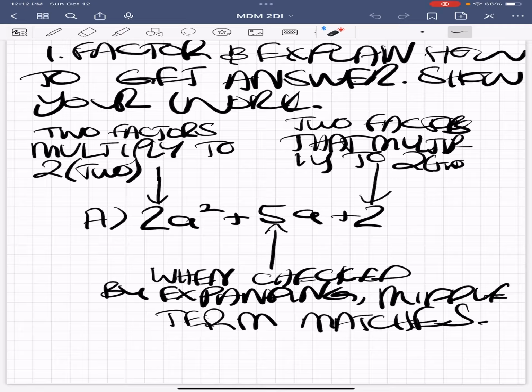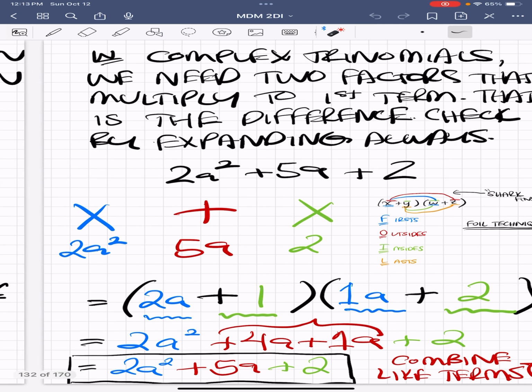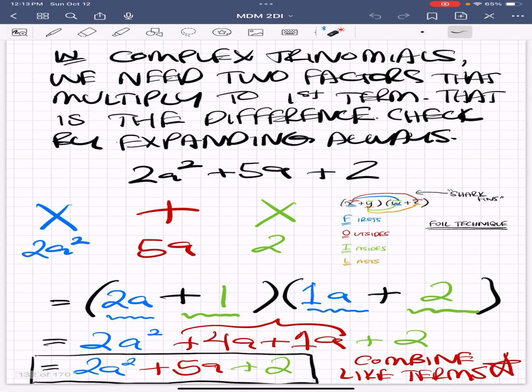So it's a bit more complicated, and one thing I love about factoring trinomials, whether they're simple or complex, is that you can always check by expanding to see if what you expand out matches the original expression that you were given. So, enough said, let's get to work. With complex trinomials, we need 2 factors that multiply to the first term.